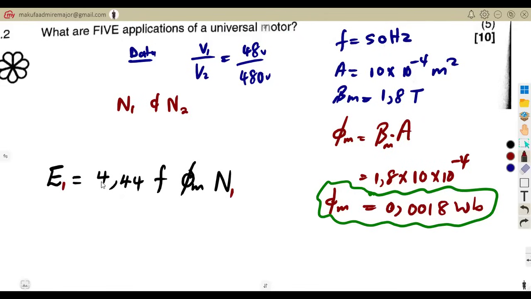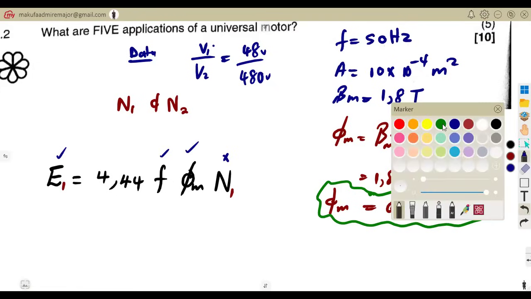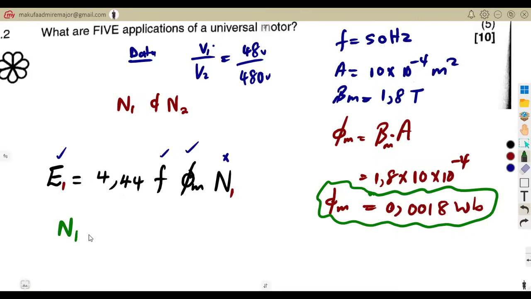So you can calculate the number of turns because E is going to be taken as our V1. So E is there, frequency is there, maximum flux, we have it. We just need N, which is the number of turns. So according to this formula, N1 is what you divide by this. So it was going to be given as E1 over 4.44 times frequency times the maximum flux.